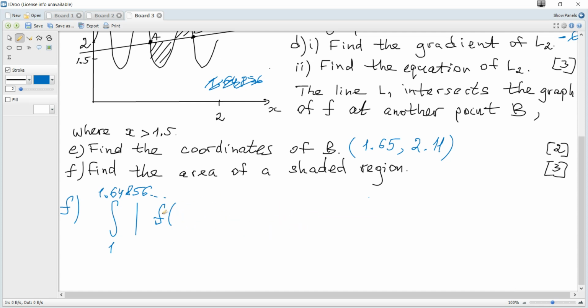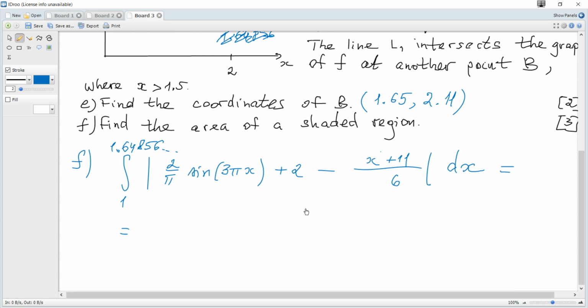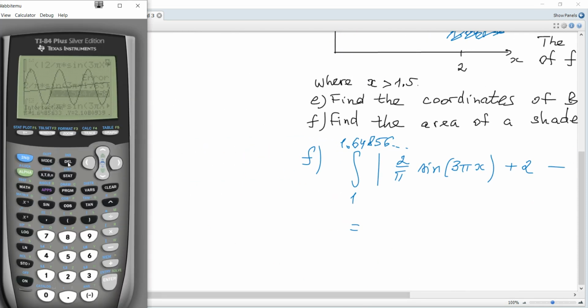Let's rewrite that: it's the absolute value of 2 over pi sine of 3 pi x plus 2 minus x plus 11 over 6 dx, from 1 to 1.64856 and so on.